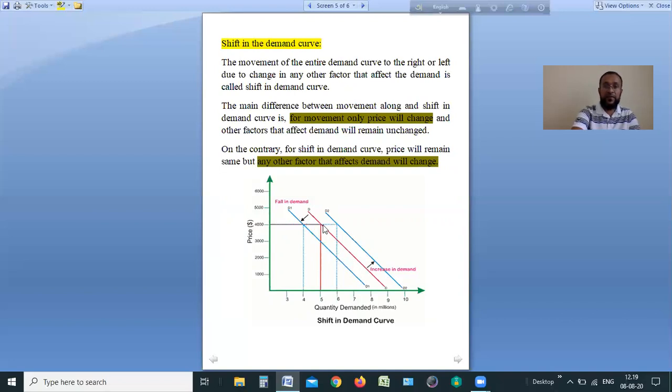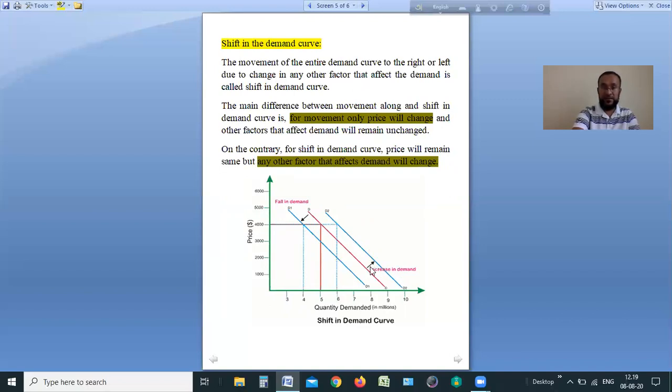Again, if price remains same and any other factor that affects the demand changes, like for example income here, if income increases, at first we showed fall in income, now we are showing the rise in income. So if income increases at the same price, $4,000, demand will increase from 5 million to 6 million. Okay, so the entire demand curve is shifting to the right. Original demand curve was DD, and this new demand curve is D2 D2. So this is rightward shift in the demand curve.